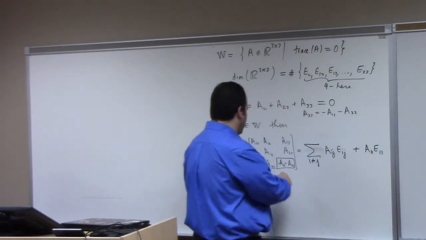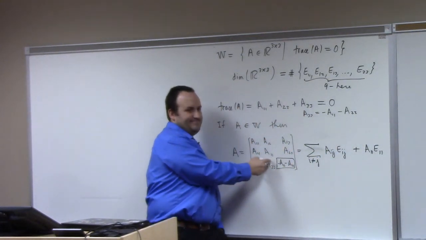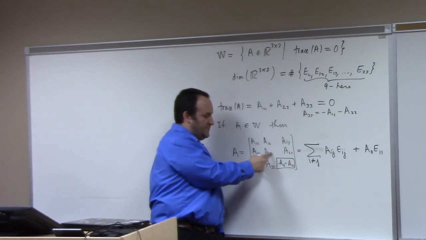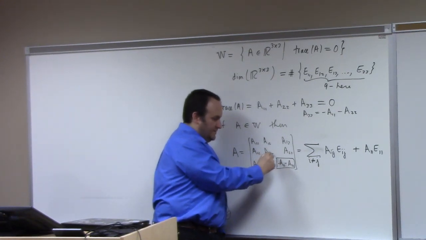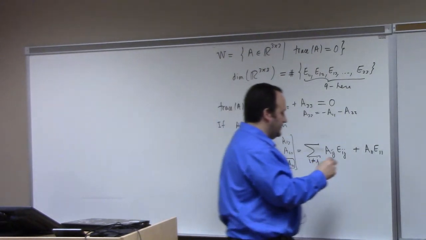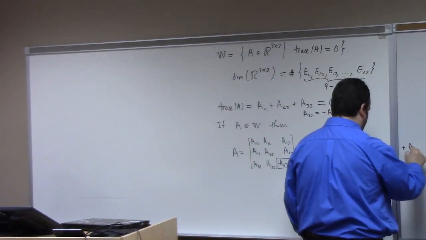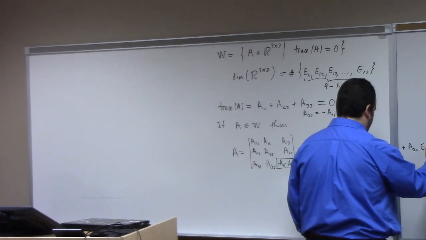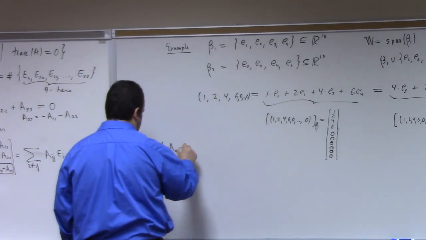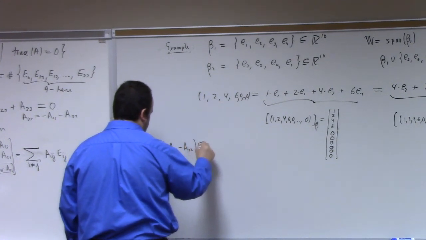Why did I put, come on, guys. That's no bueno. This is 2, 2. So A11 E11 plus A22 E22, plus minus A11 minus A22 E33.